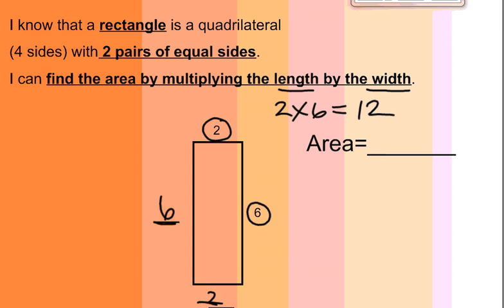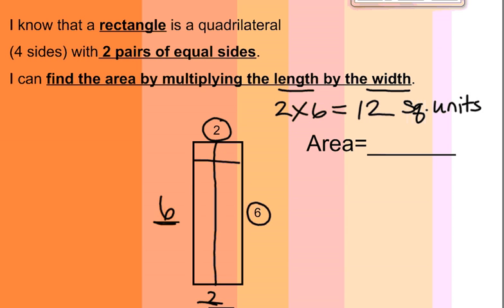Now, it would be square units, just because I don't have the measurement unit right here. But if I multiply the length times the width, I could think of it as if I had squares that would fit in here, I could fit a square here.